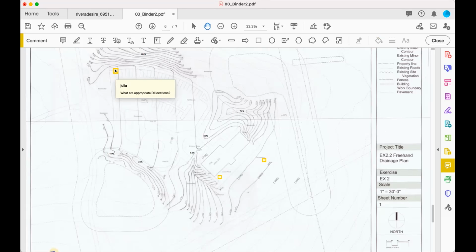For instance, in the parking lot, you would have a DI in that dead corner, in the lowest point, and in the island corner. So wherever there is the lowest point where water has nowhere to go, that's where your DI should be.